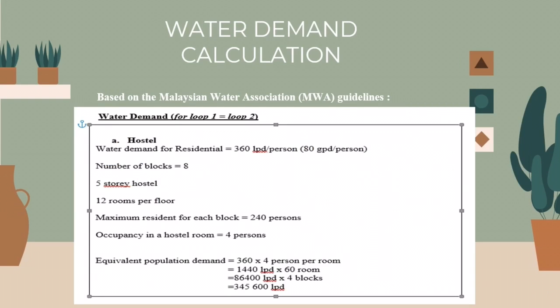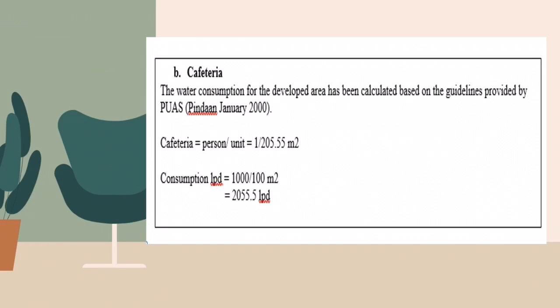For the water demand calculation, we calculate for a 5-story hostel. We assume there are 240 persons for each block. Based on the Malaysian Water Association (MWA) guidelines, as we can see, we get 345,600 liters per day. Next, the cafeteria has been calculated based on the guideline provided in January 2000.